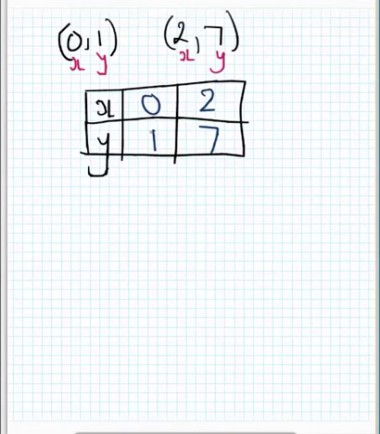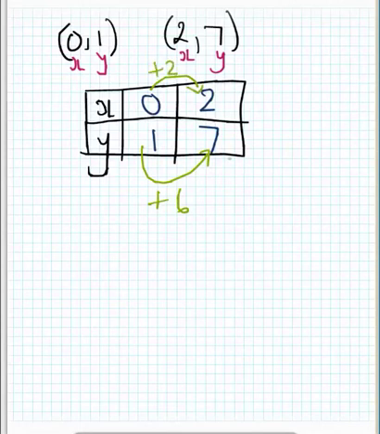Okay, and now we have to just use our skill in finding the gradient when given a table of values. And that is to find the patterns in Y and in X. So to go from 1 to 7, do we plus 10, minus 2? Well, we know 1 plus 6 gives us 7. So the pattern is plus 6. And to go from 0 to 2, well, we have to plus 2.